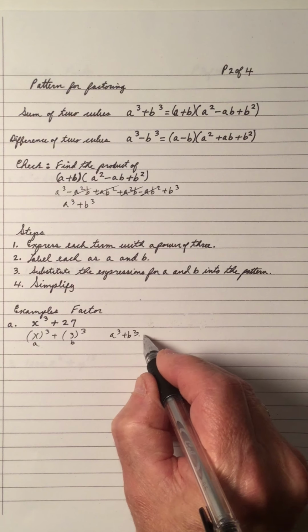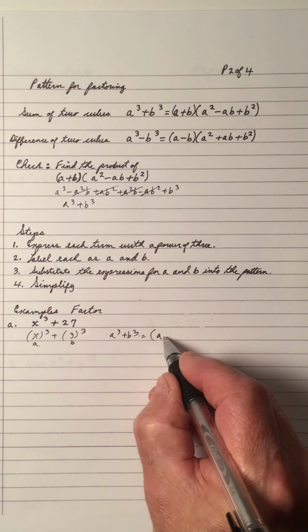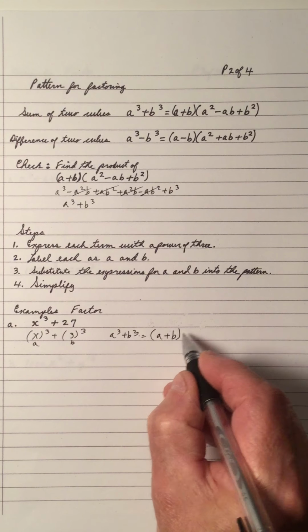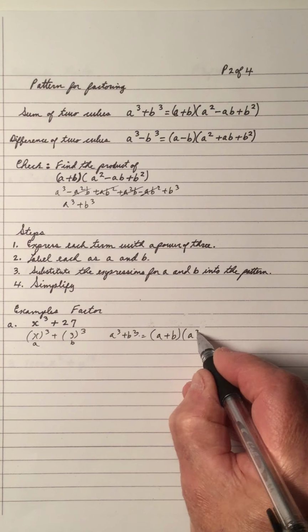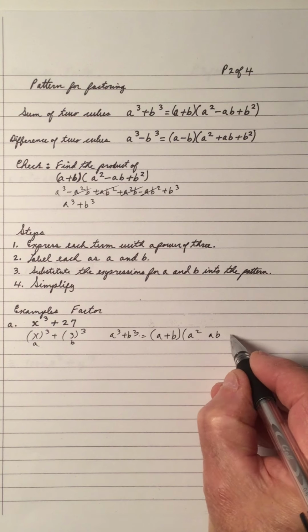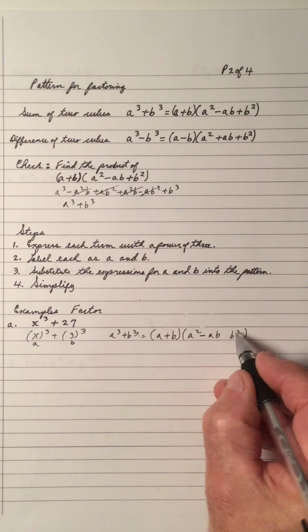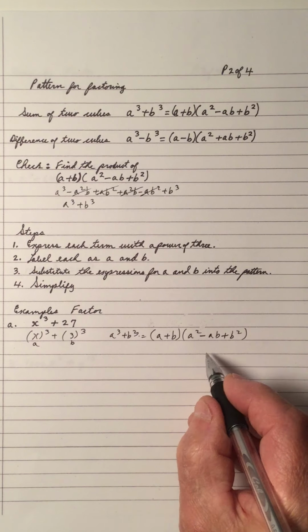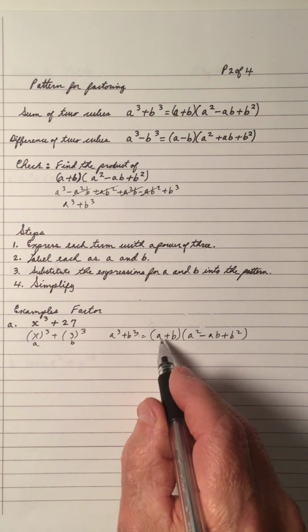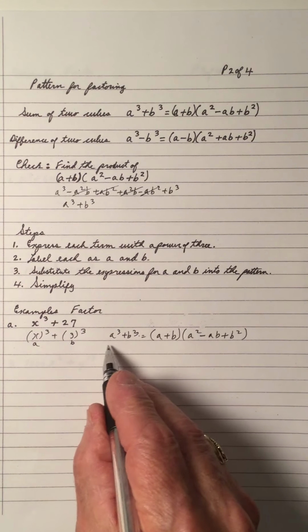So the pattern is a plus b, a squared, ab, b squared. That's a plus, so that's a minus, and the end one is always a plus.